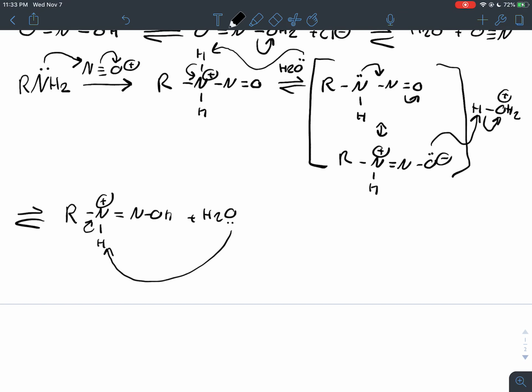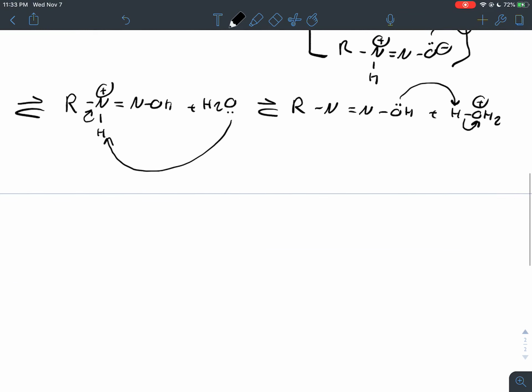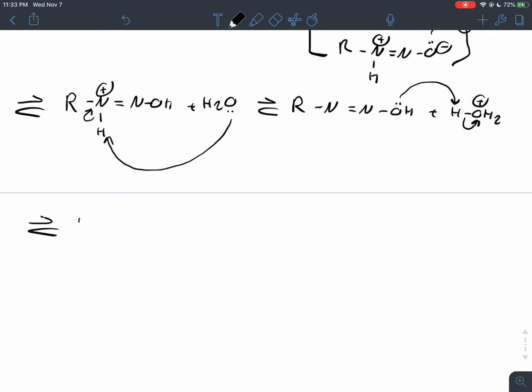Another acid-base reaction, and again, there's going to be another acid-base reaction, with NOH plus and HOH2 plus, giving H2O.